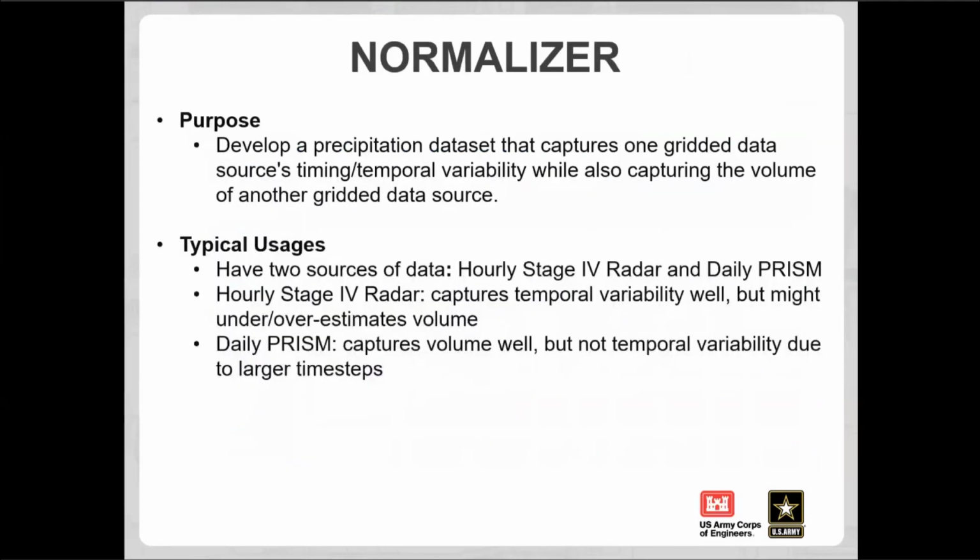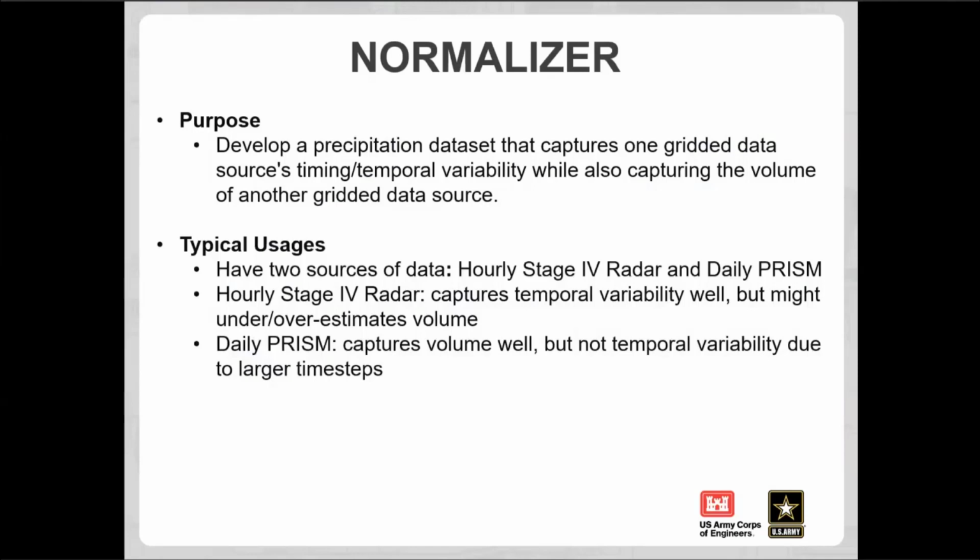Next, I'll talk about the normalizer utility. The purpose of the normalizer utility is to develop a precipitation dataset that captures one gridded data source's temporal variability while also capturing the total precipitation volume of another gridded data source.